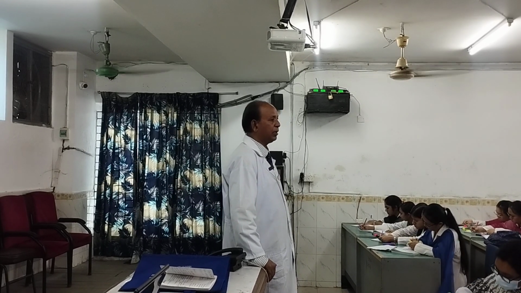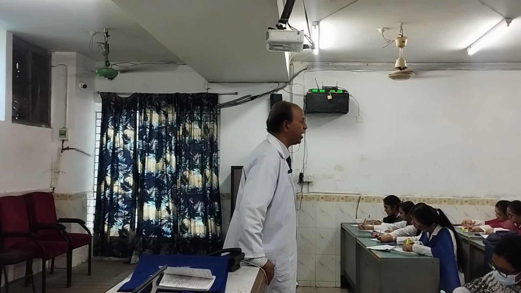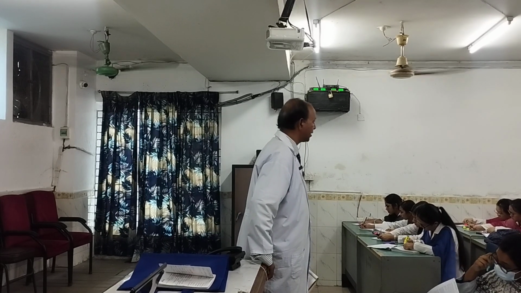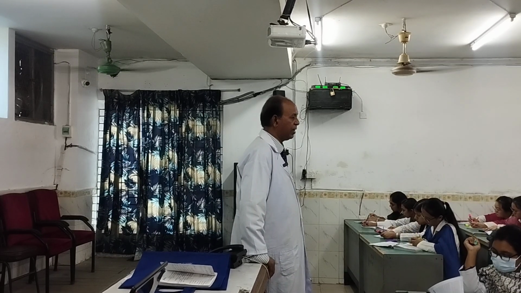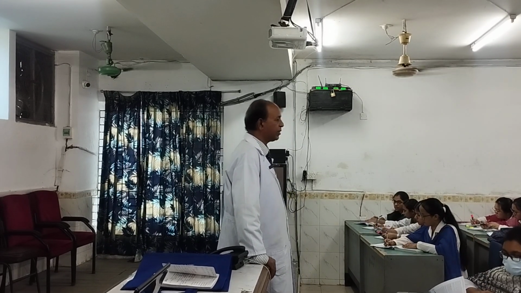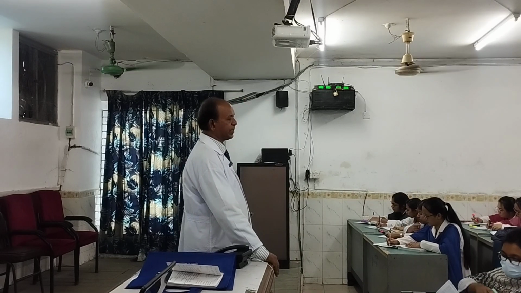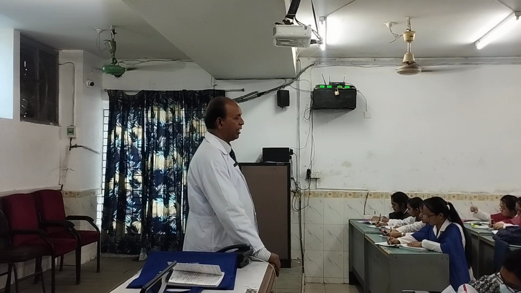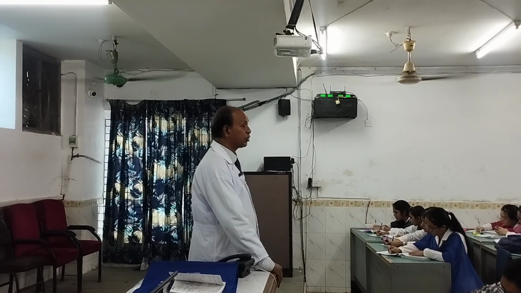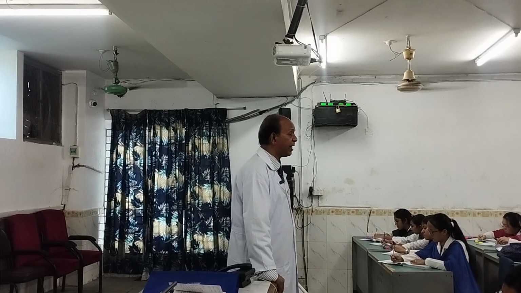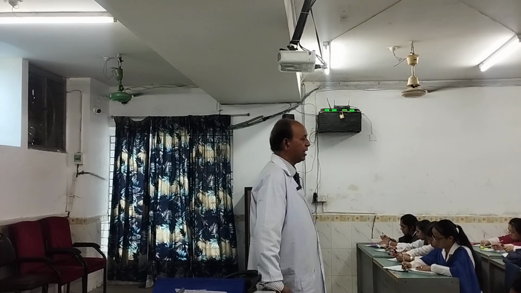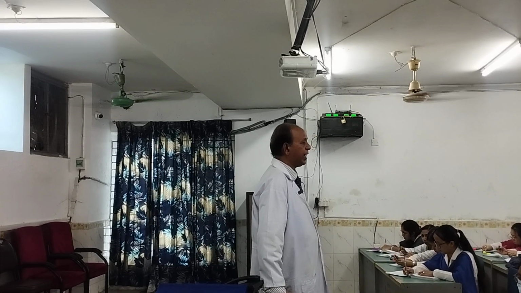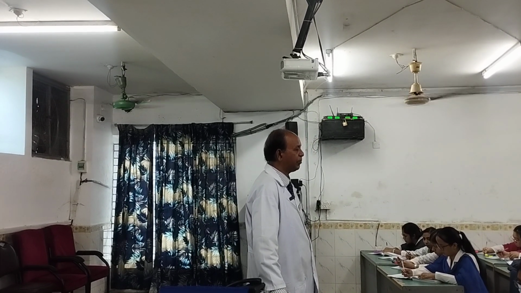Initially rifampicin, isoniazid and pyrazinamide are given for 2 months, then for the next 4 months isoniazid and rifampicin. Except in bone TB and TB meningitis, where we give rifampicin, isoniazid, pyrazinamide and ethambutol, 4 drugs, that is 4 FDC, for the initial 2 months, then the next 4 months isoniazid and rifampicin.